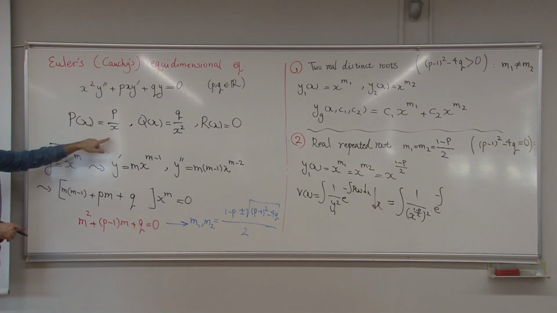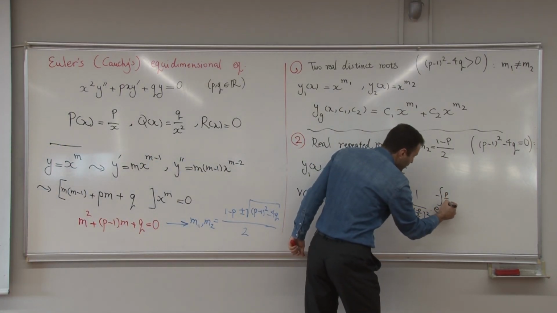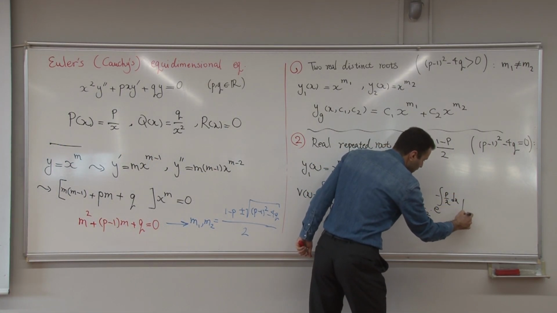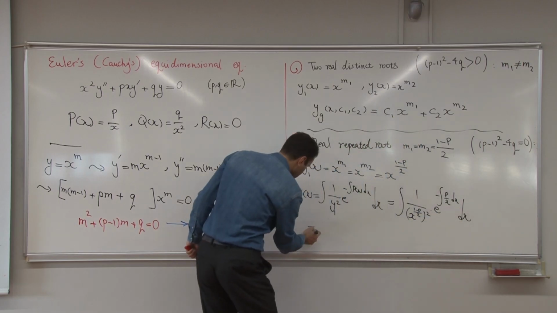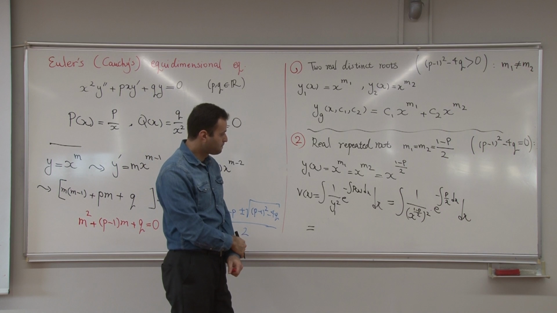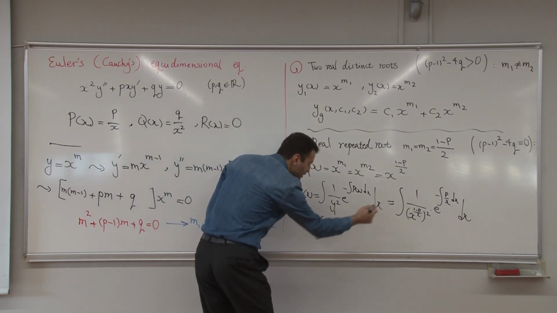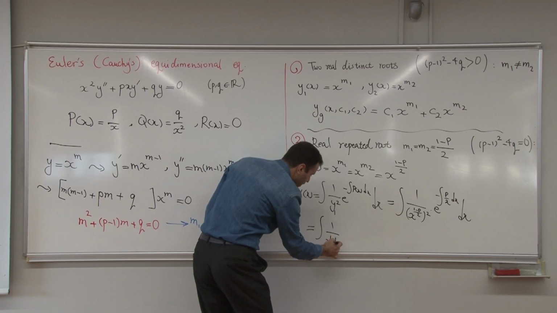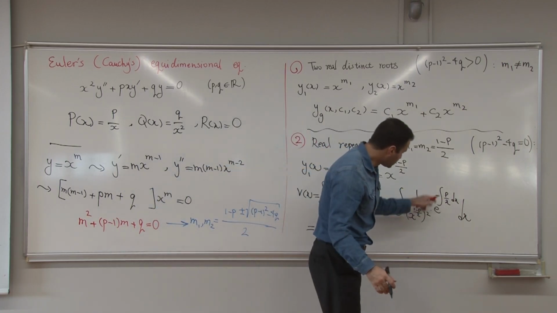P over x, yes. And what is this equal to? This I have as it is, so this is x to the power of 1 minus p. Right? But what is this integral?